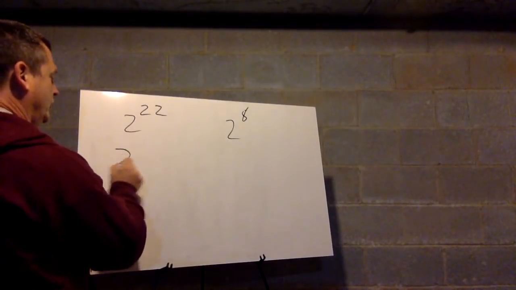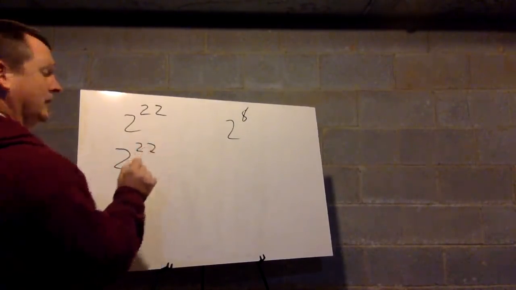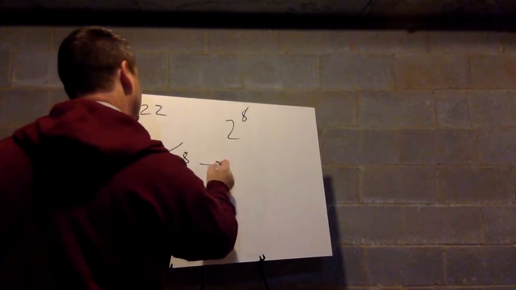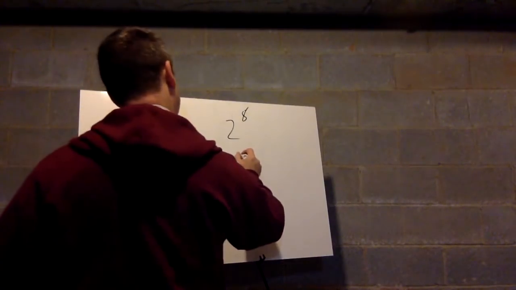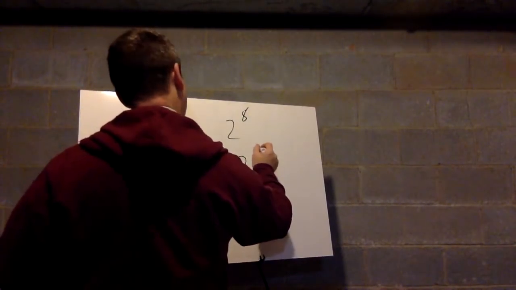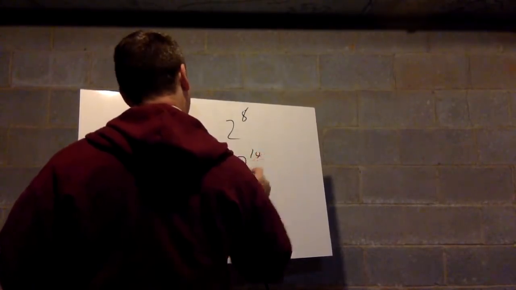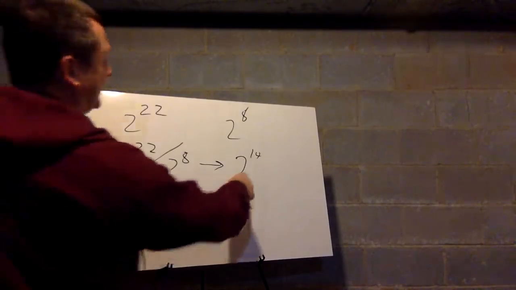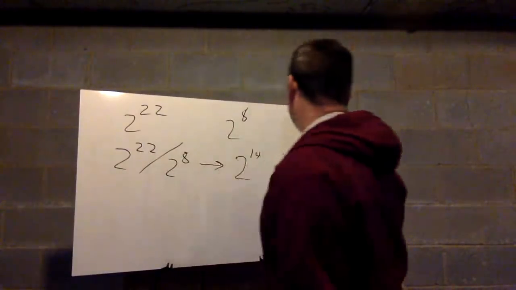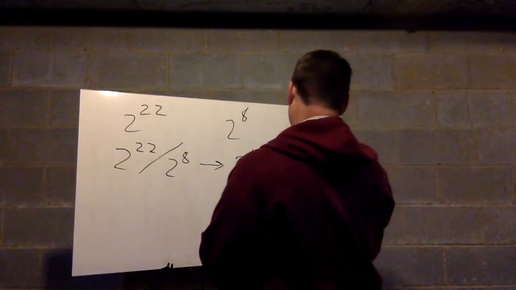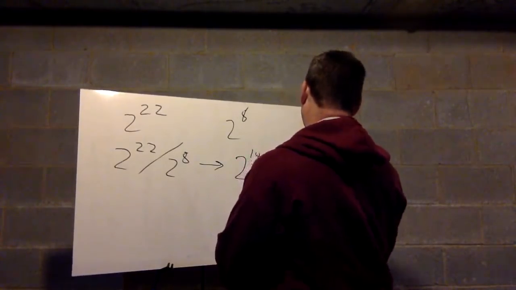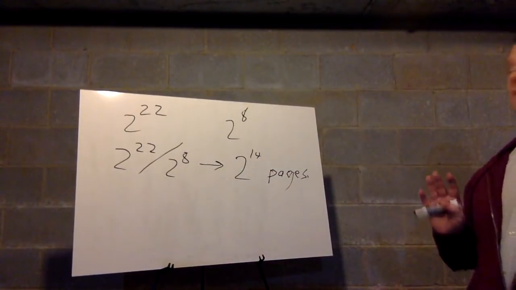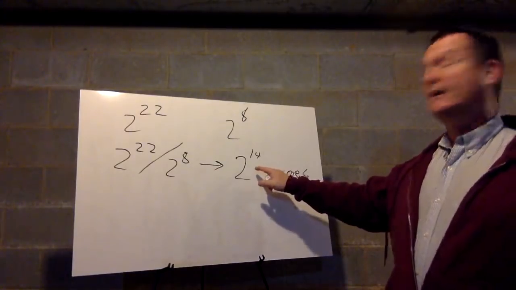So 2 to the 22 addresses broken into pages that are each 2 to the 8th in size gives us 2 to the 14th pages for a process. So if I had a page table, that's how many entries we need in the page table.